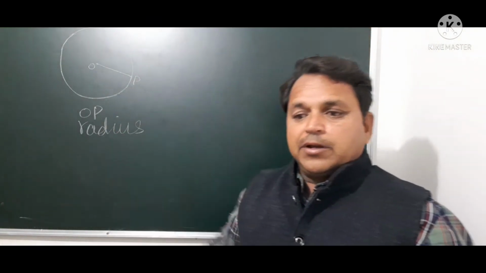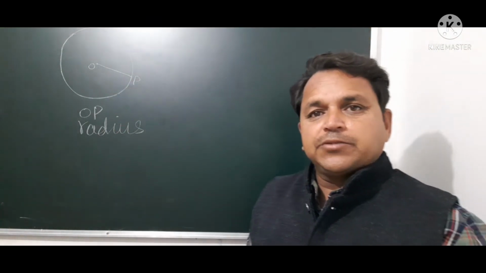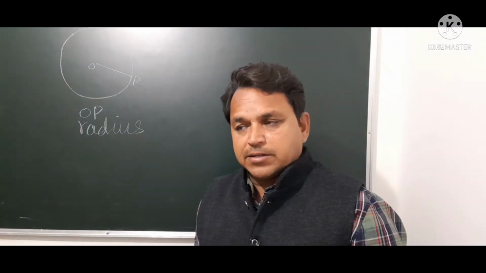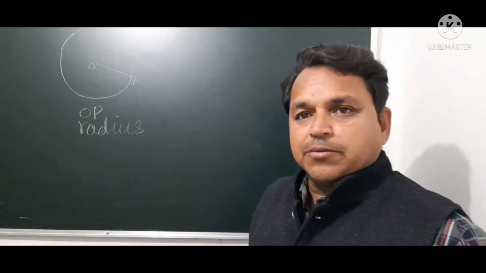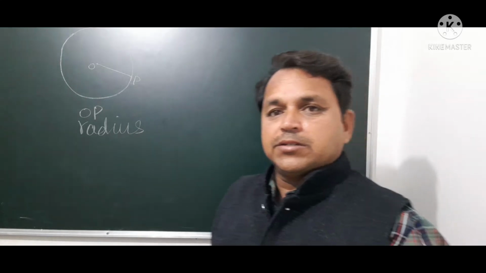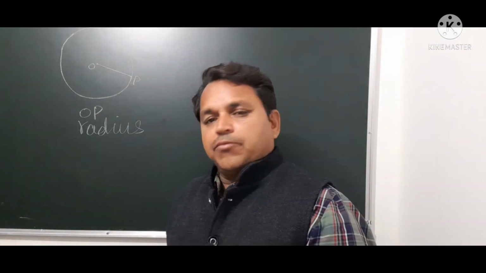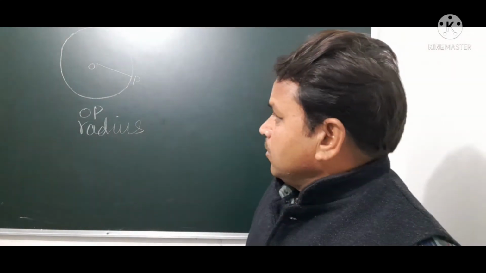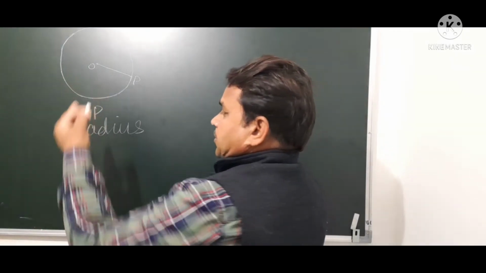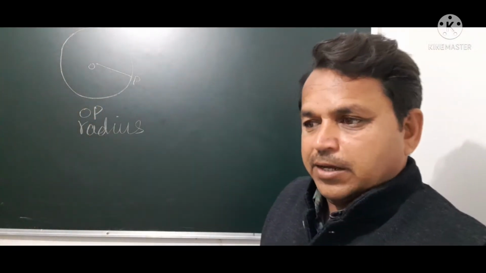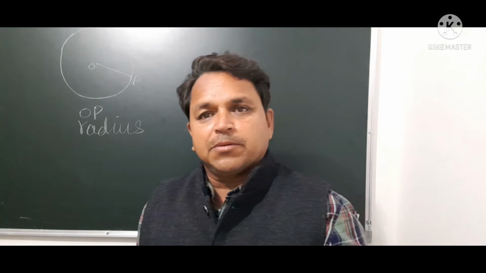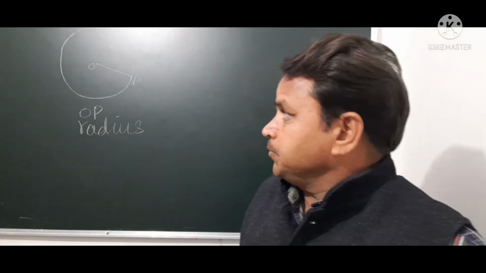Again, we will recall some of the concepts first, which we have already studied in earlier classes, and then we will move on to some new concepts which have been included this year in 9th class syllabus, or we can say in 10th class. So center, radius, circle, general definition and explanation, you have got it.